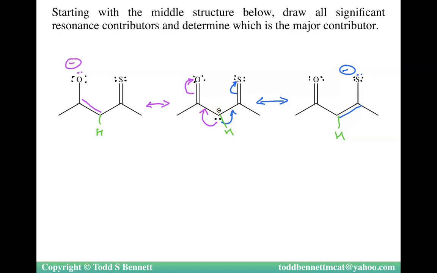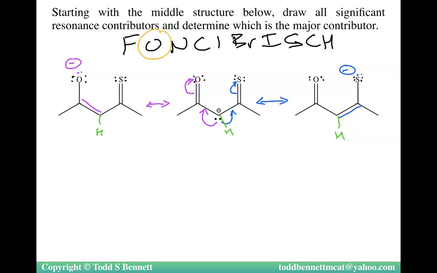So second rule. Finally, the rule: put it where it's most stable. Fonk O Brish. I'm a big fan of this. So O is number 1, so that's my number 1 contributor. S is number 2, and carbon is number 3.